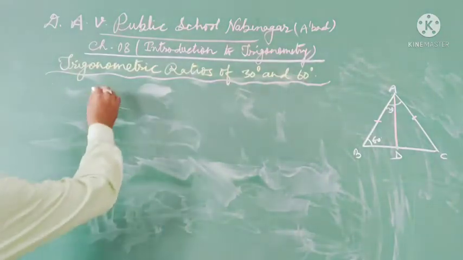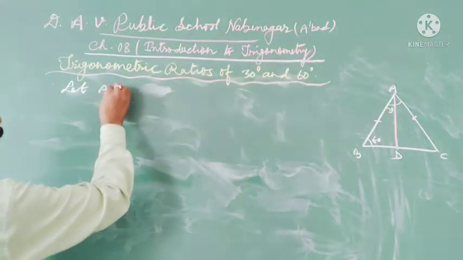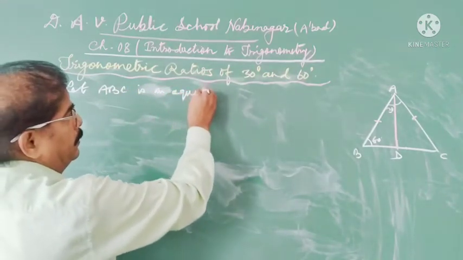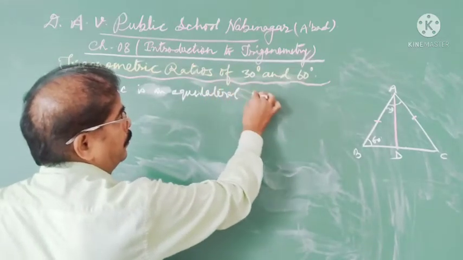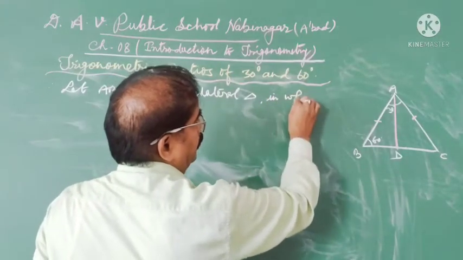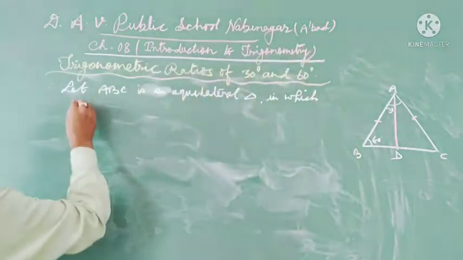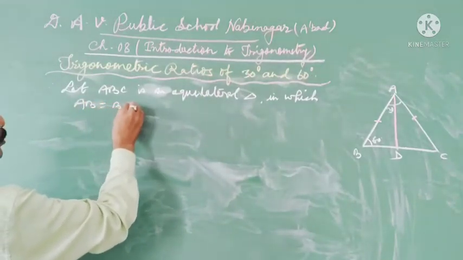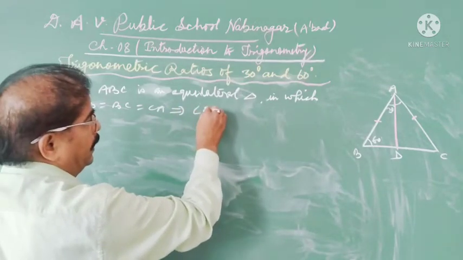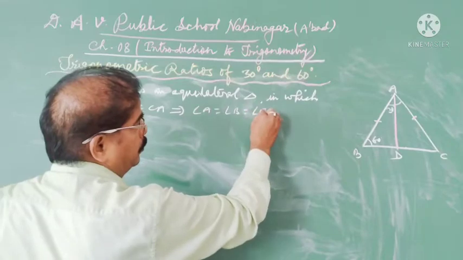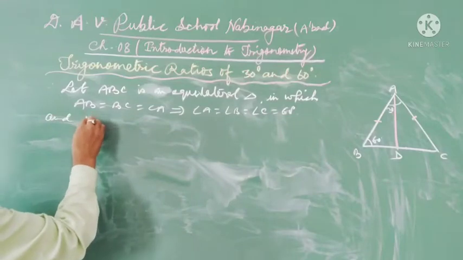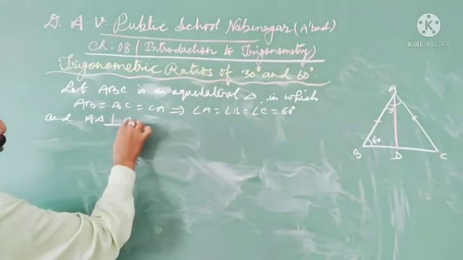Now consider ABC is an equilateral triangle in which AB equal to BC equal to CA, that is angle A equal to B equal to C equal to 60 degree, and AD perpendicular to BC.